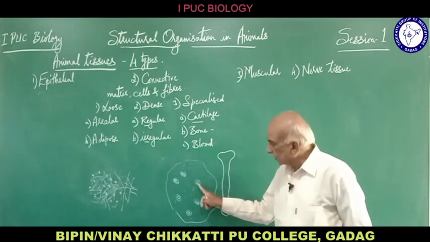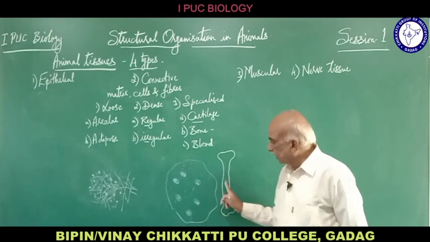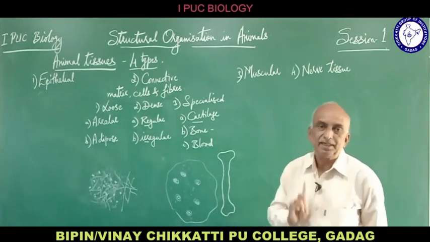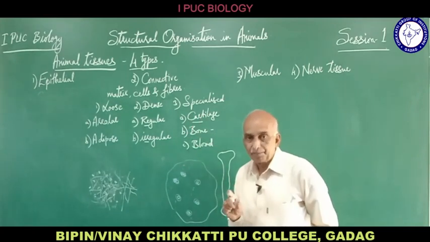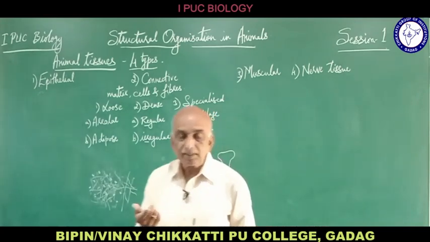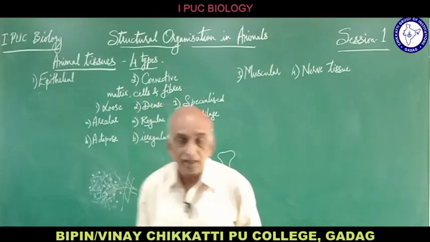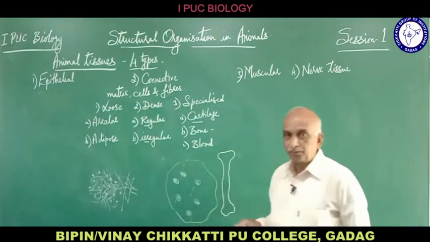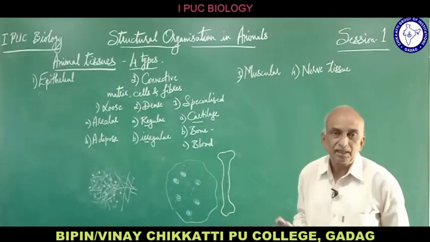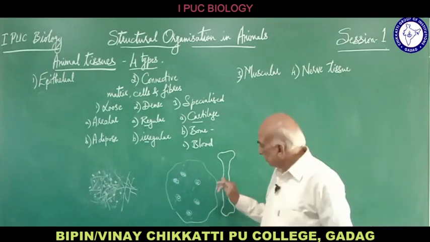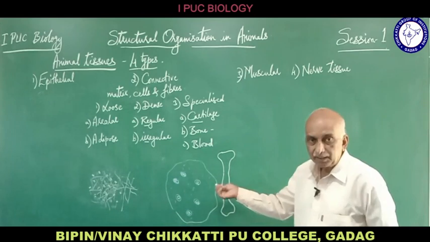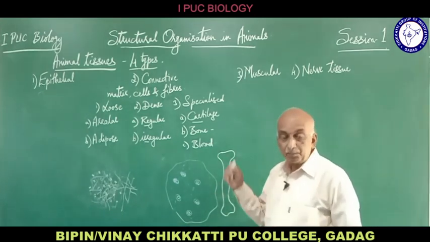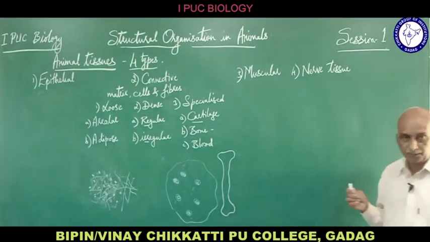The lacuna are present in both, but in bone each lacuna contains only one cell, whereas in cartilage each lacuna contains one, two or three cells. Rarely there are 4 or 5 cells, but 1, 2 and 3 are common. And in both cases you will find collagen fibers.